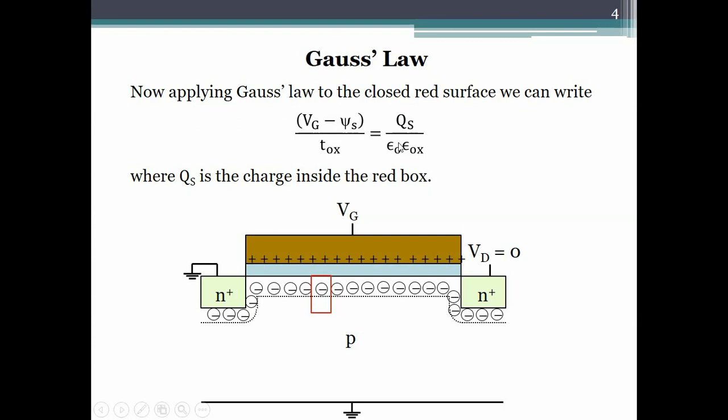Alright, so this is Gauss's law. (Vg minus psi s) by Tox is equal to Qs by epsilon naught epsilon ox. Qs, of course, is the charge in the semiconductor, and that could theoretically consist of both depletion charge, which is this fixed charge, and it could have inversion charge, which in this particular figure I have not shown.